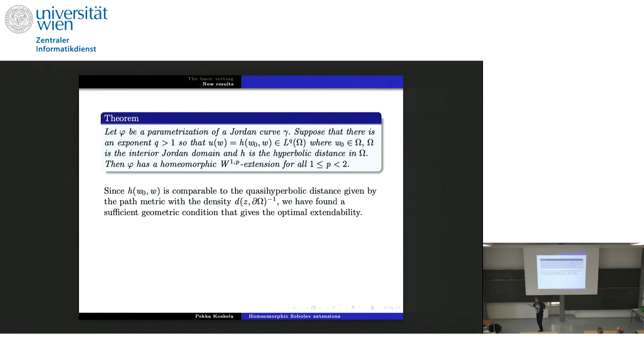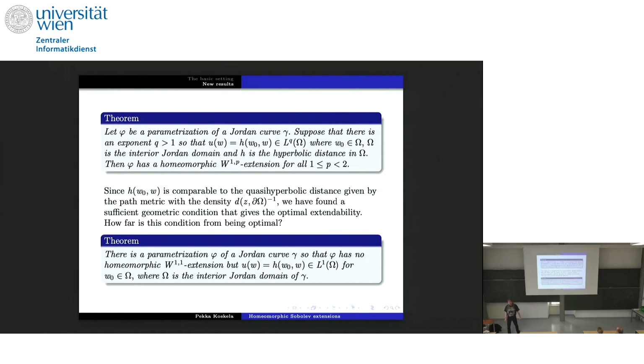It's an intrinsic condition on the Jordan curve. Okay? So you can replace the hyperbolic distance here by the so-called quasi-hyperbolic distance, which is obtained from this density. And now I have a geometric criterion. Okay. Can I improve on this?